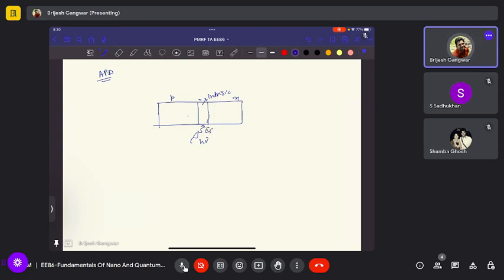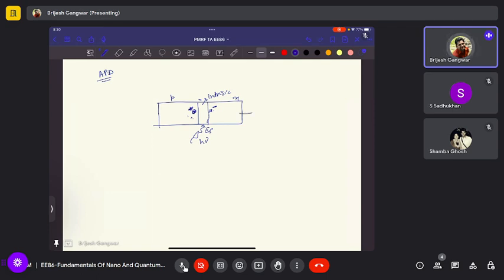This is a part of E5. Then the interaction: the photon goes inside and generates one hole, that is plus, and one electron, that is minus. That is the interaction of light with the atoms in the detector. Whatever quanta comes, it splits into hole and electron.